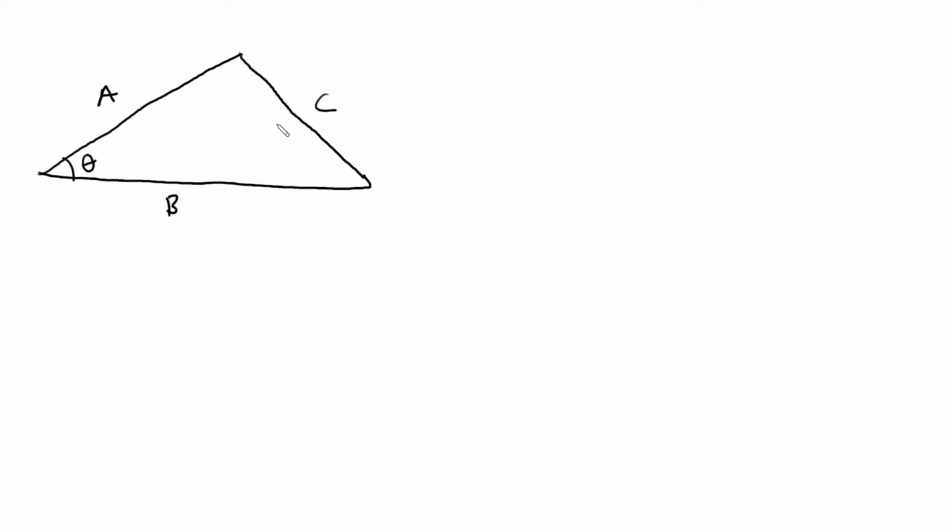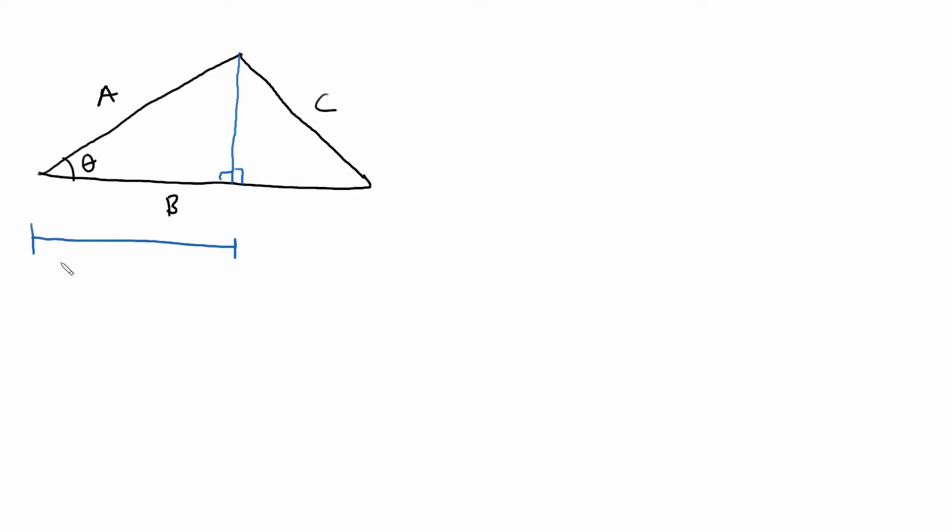So to get started, we're going to define a vertical straight line that goes through that angle but is perpendicular to this bottom line. So by trig, if you know your basic trig, that is a right triangle.